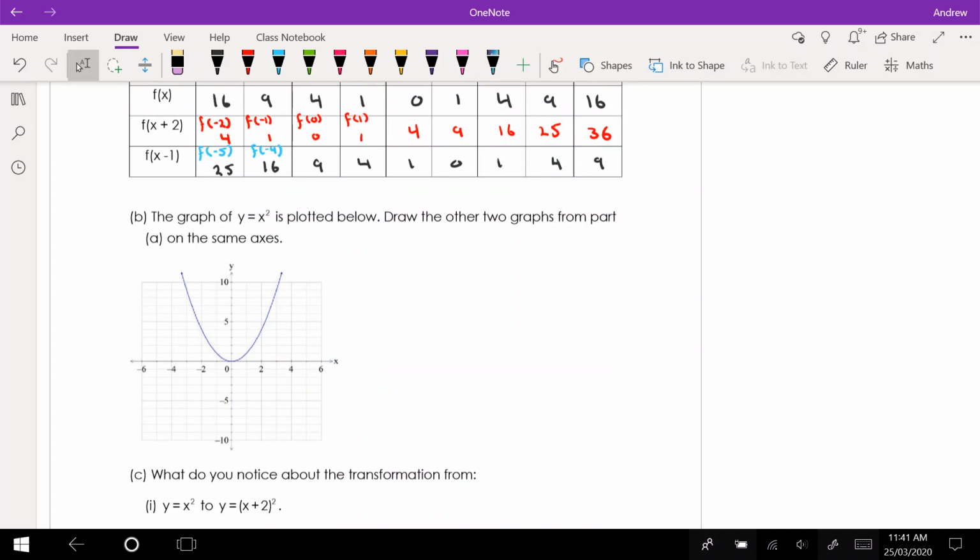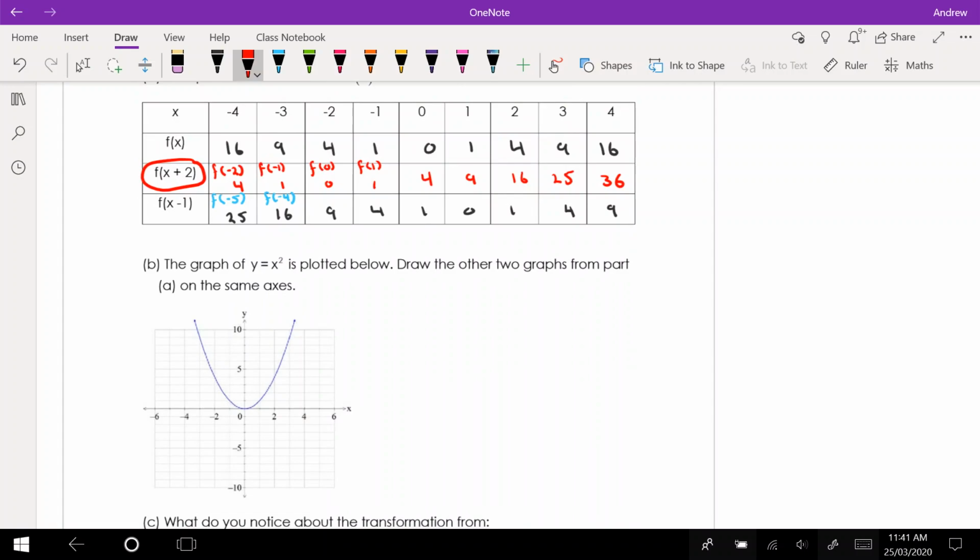So now we want to try and plot these. I'm just going to start with my first transformation that I'll label in red. So when x is negative 4, the function is at 4. So we go negative 4, 1, 2, 3, 4. Be really careful here that you're not plotting at negative 2, because we're not actually finding it out when x is negative 2. It's when x is negative 4 here, but we've added 2 onto it.